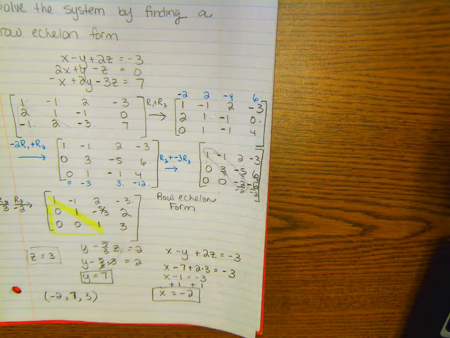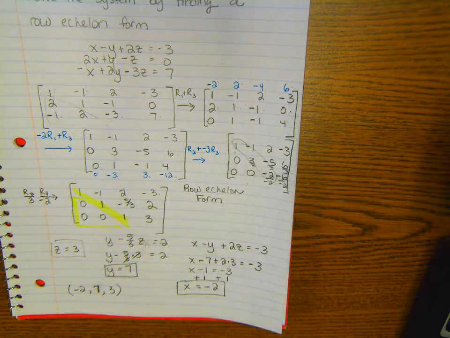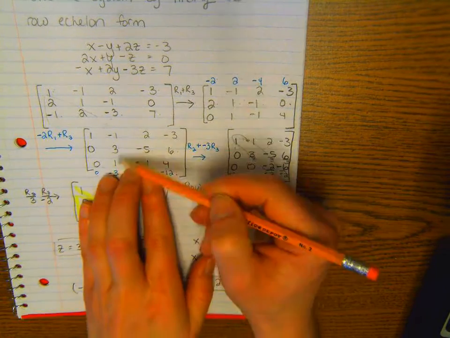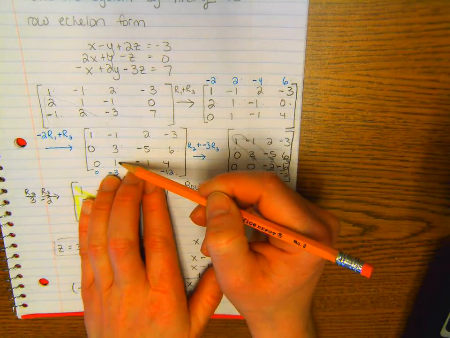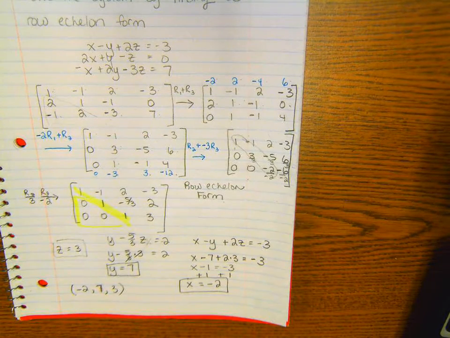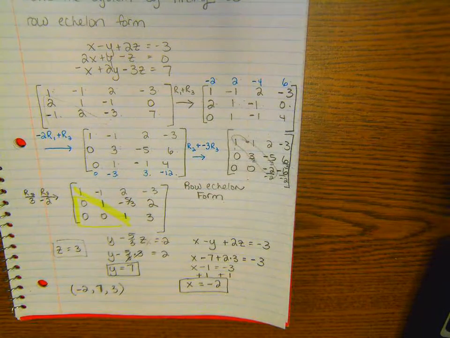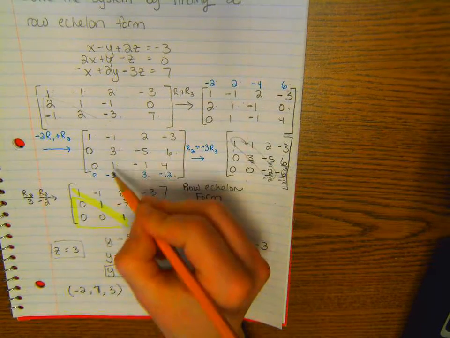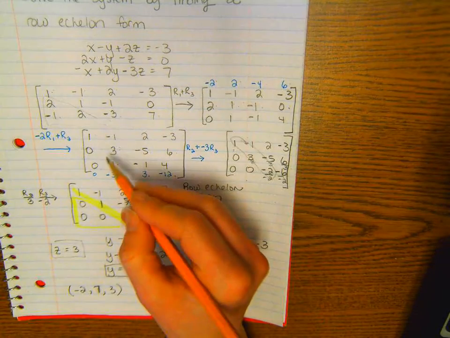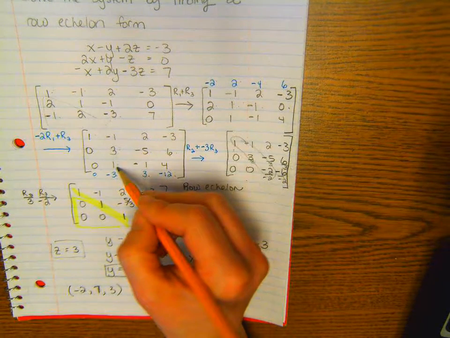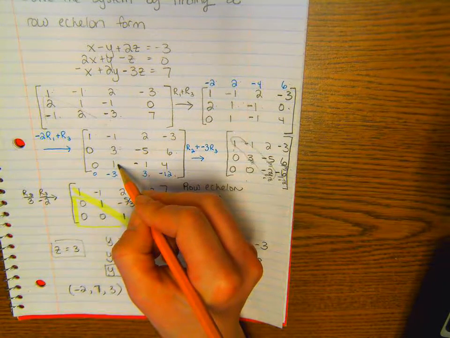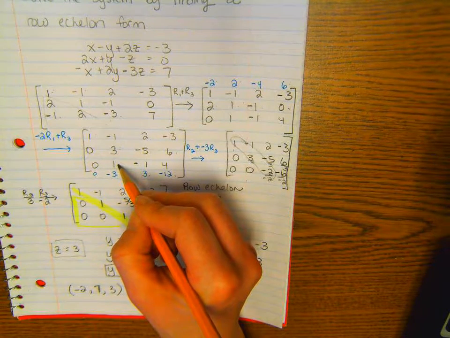Okay? Yeah? When you're adding something with 2 rows, like the R2 plus -3 R3, how do you decide which row the product is going to go into? You want it to be a 0. Remember when you're trying to get to 0, it's going to fill in there. So I wanted a 0 right here, and so I was multiplying, but typically, the row that you're trying to get a 0 in, that's where you're going to put it back in.